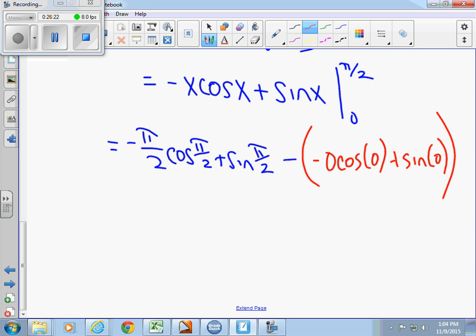Sine of 0 is 0, right? Cosine of, well, 0 times anything is 0, so that whole red part's 0. Cosine of pi over 2 is 0, isn't it? So the whole thing's 0. Oh wait, no. Plus 1. So the whole thing's 1.